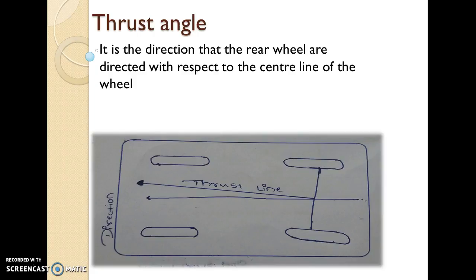So the vehicle will dog track if this angle is not zero. So the best solution to this is to first adjust the rear toe to the center line and then adjust the front toe.